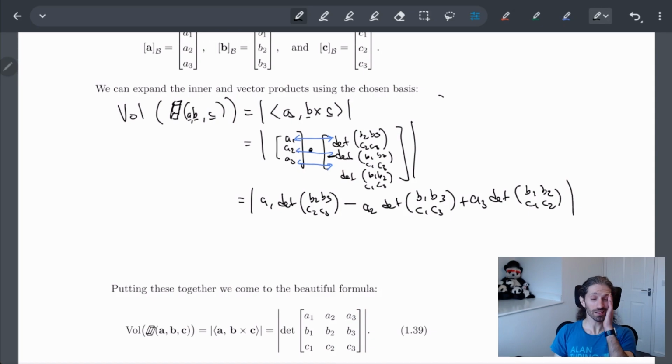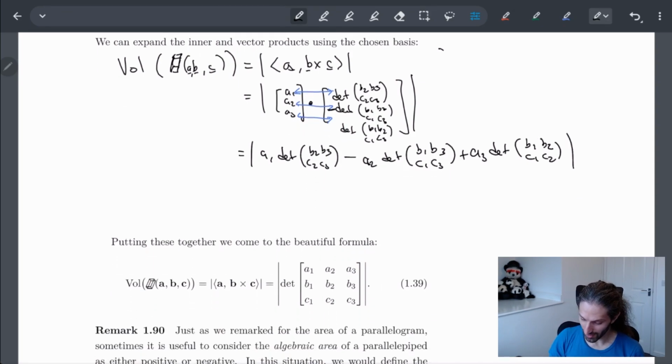Now this you might recognize, but you also might not. If you look at this, you have a plus, a minus, a plus, and it's A1, 2, 3, and notice how the 1 is missing in the first column, 2 is missing in the second one, 3 is missing in the third one.